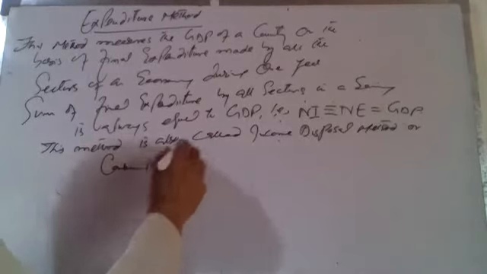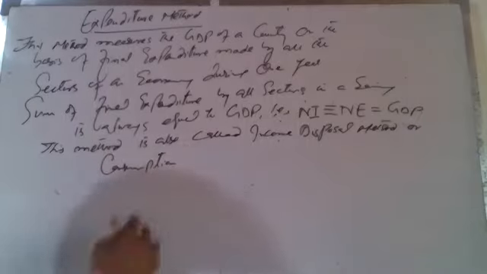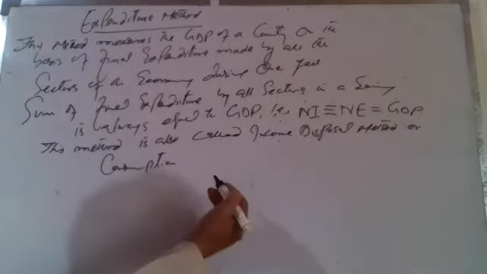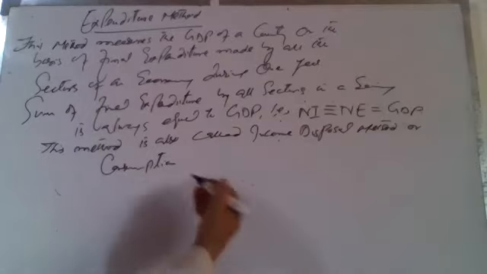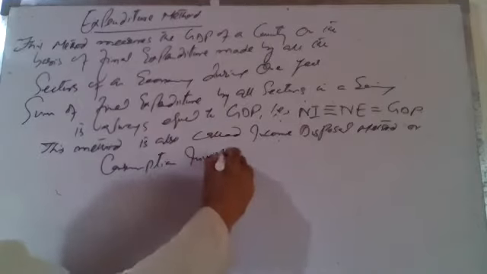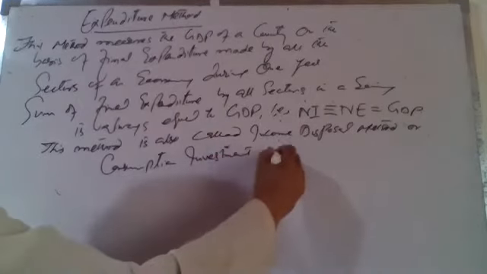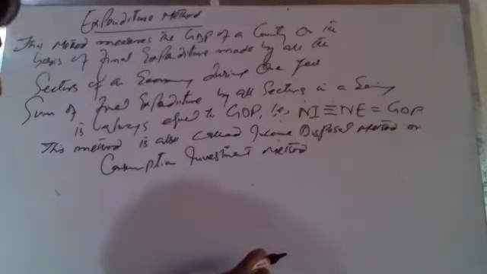Under this method, we make the aggregate of consumption and the aggregate of investment of the economy, and get GDP. That is why we call it the consumption investment method.